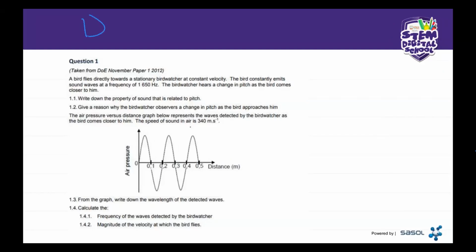This is the Doppler effect. Sorry about that. So you see, I've written everywhere where it's been taken from, the Department of Education, November 2012.